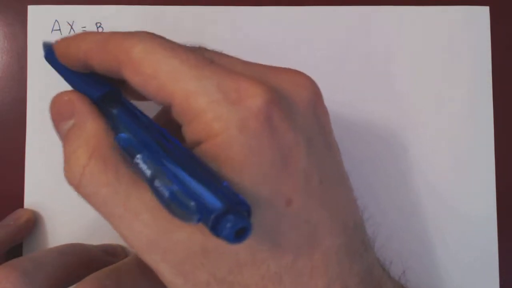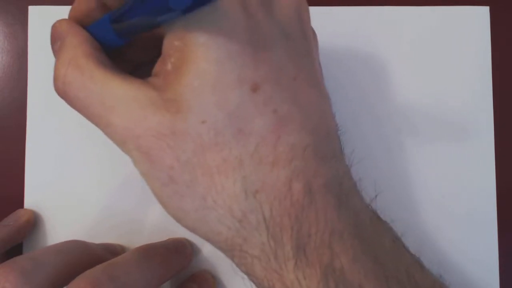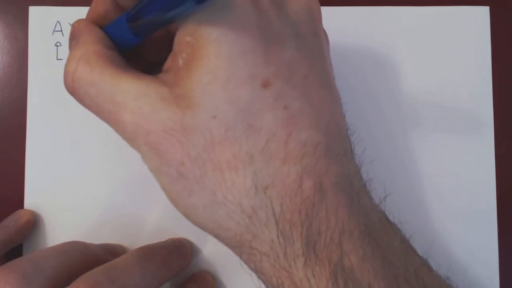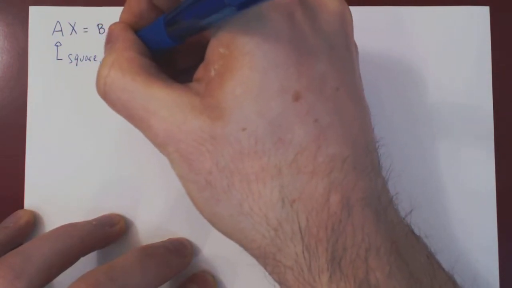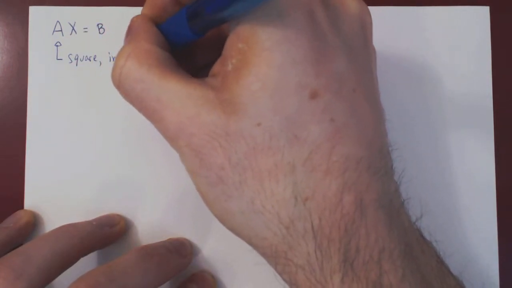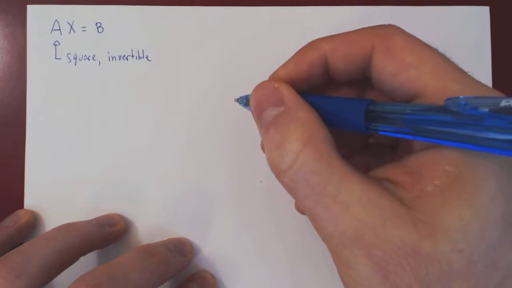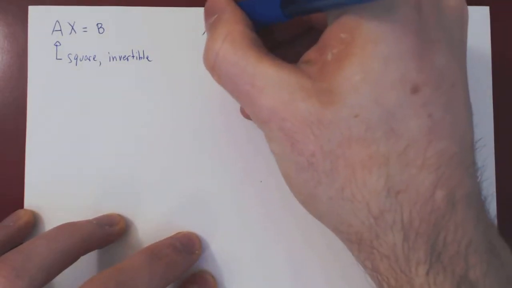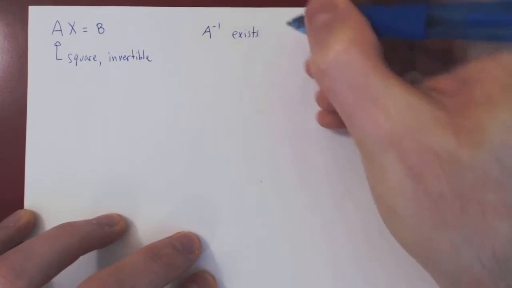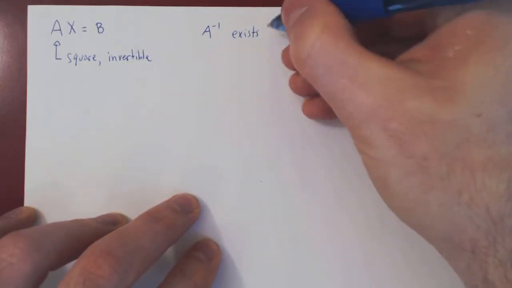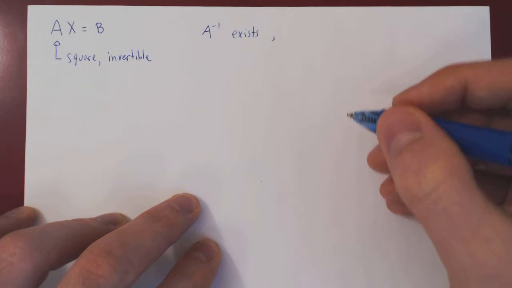Now, let's assume for a second that the matrix of coefficients A is square and that it is also invertible. So, A inverse exists. If you remember, the property of A inverse is that it cancels A via multiplication.